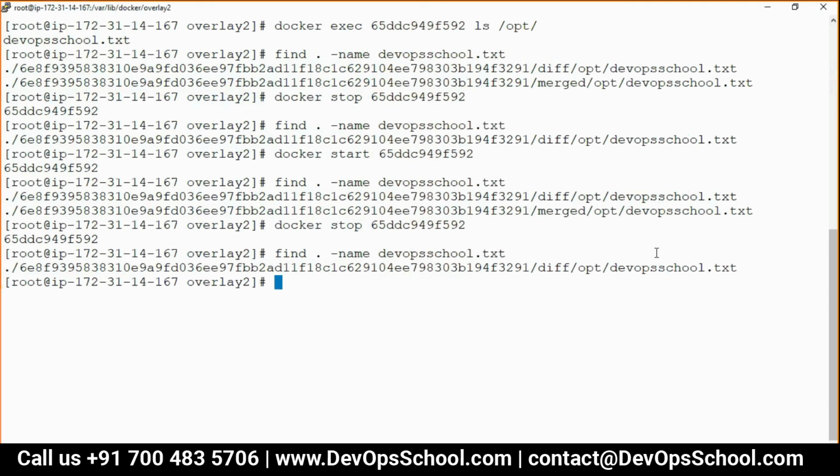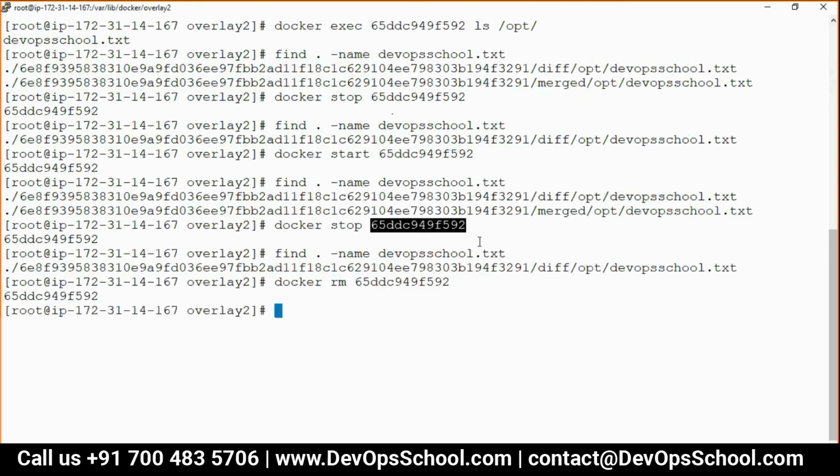But what will happen? I remove the container now. I remove this container ID. See, the file which was very important for my project got lost.